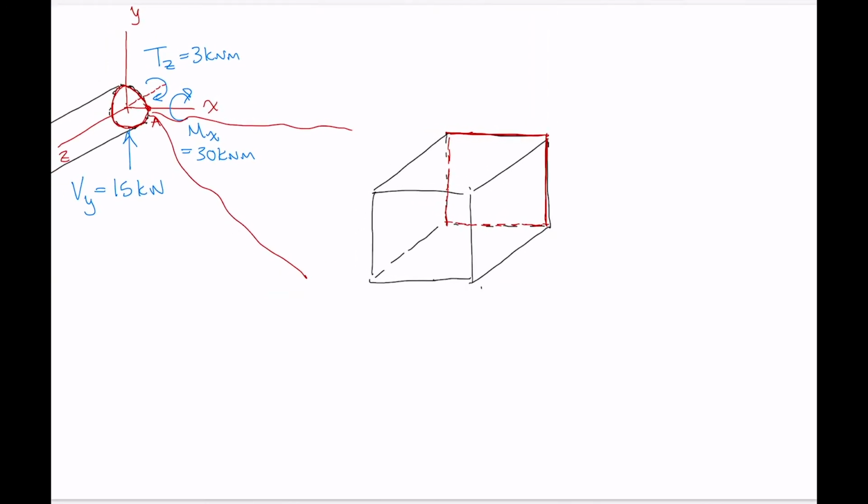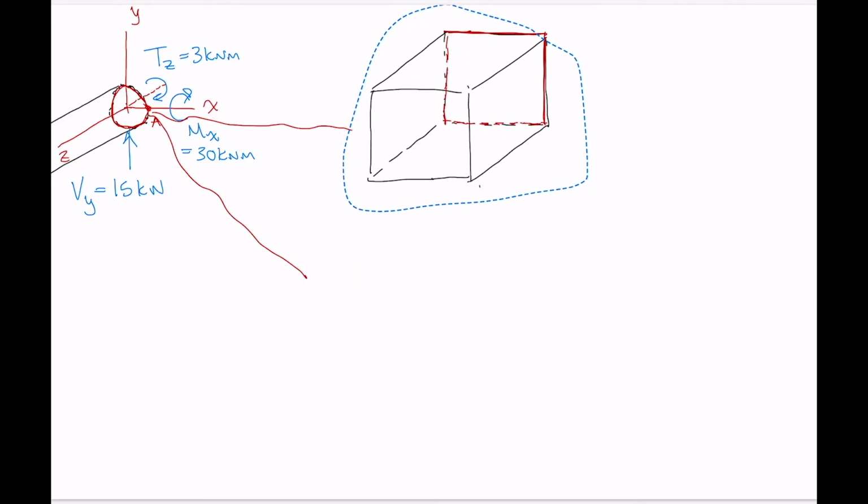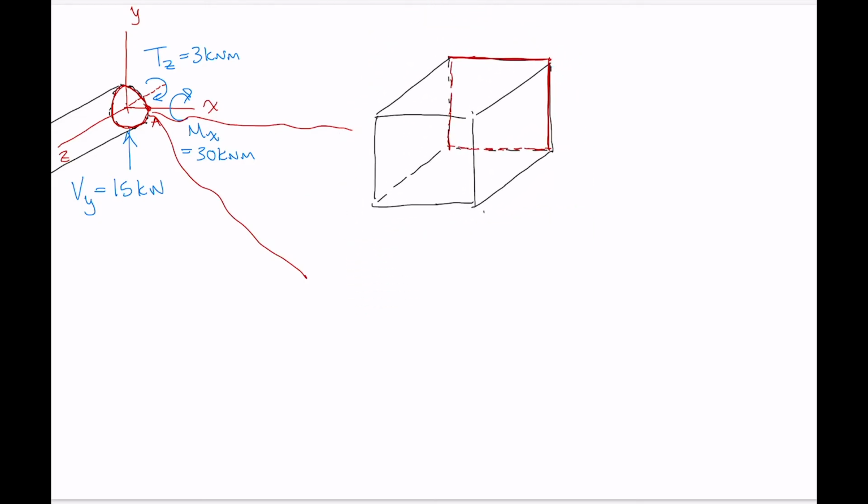Let's put that like that, and move this up there. So this is point A down there. And again, let's put our axes on so we don't get this mixed up: X, Y, and Z.